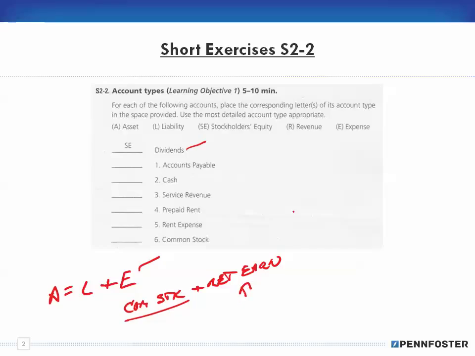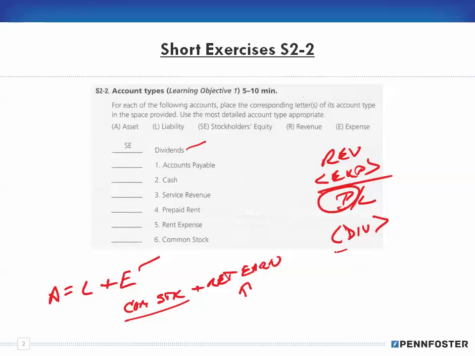Now, the reason why I say I agree and disagree is because when you look at the income statement, you have revenues less your expenses, okay, which gives you a profit or loss. Now, if you have a profit, the business will generally then declare dividends, and then they'll take the dividends out of that profit or loss, which would give you your net income.